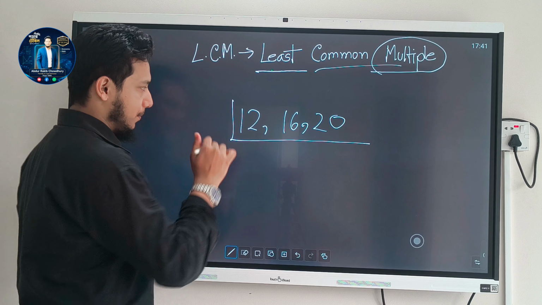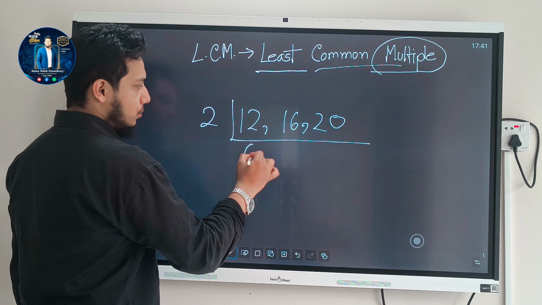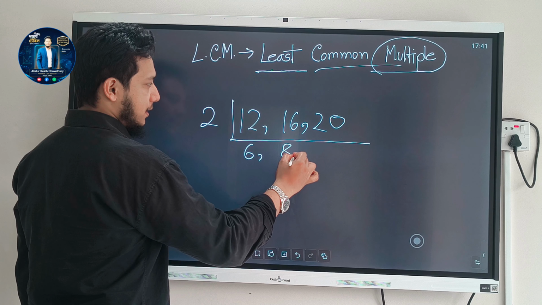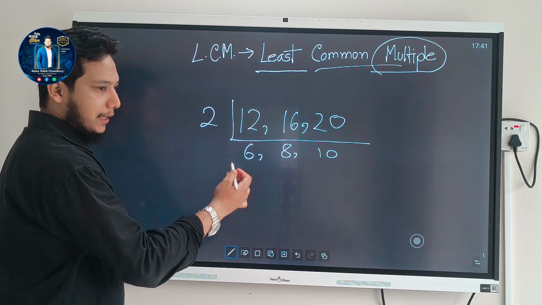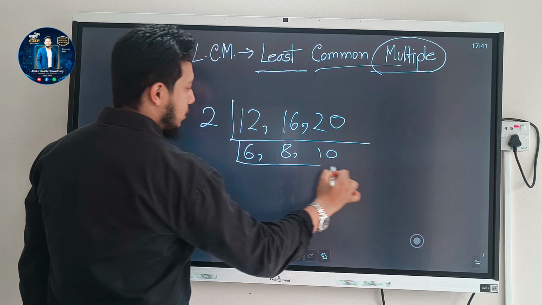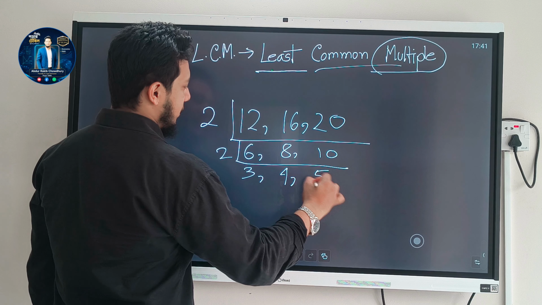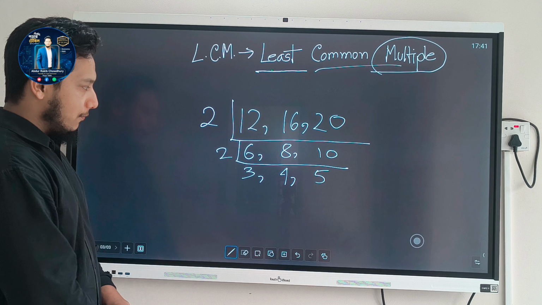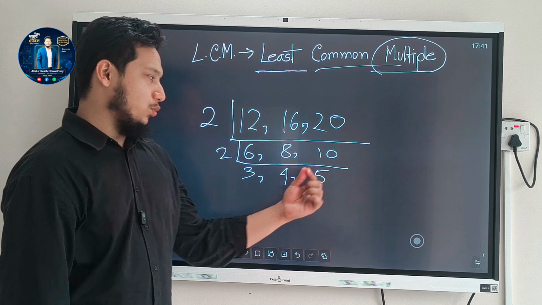As all of them are even numbers, I will start with 2. 2 sixes are 12, 2 eights are 16, 2 tens are 20. As all of them are again even numbers, I will go with 2. 2 threes are 6, 2 fours are 8, 2 fives are 10. Now if you see, there is no number that can divide at least two of them.